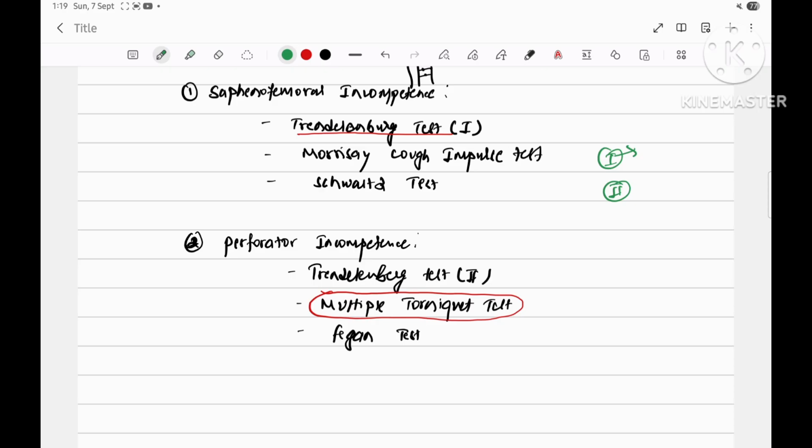But if that is not present, then again I ask the patient to lie down, raise his leg and empty the vein, and again I press at the saphenofemoral junction, and then make the patient stand. After that, I do not release my hand from the saphenofemoral junction, and I wait for a few minutes to see whether the blood is filling from below upward, or nothing is happening. If the blood is filling from below upward, it means there is perforator incompetence.